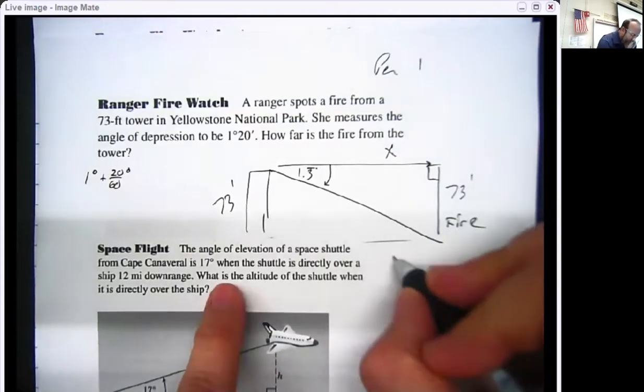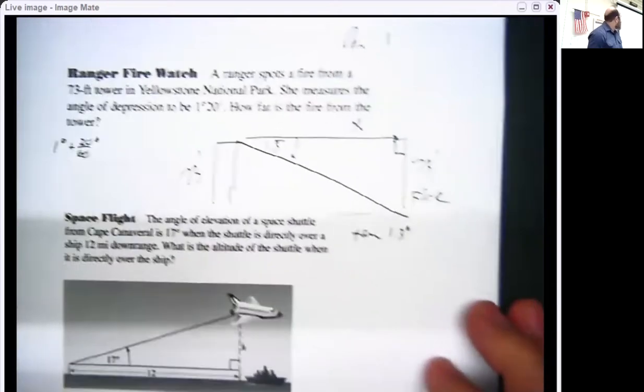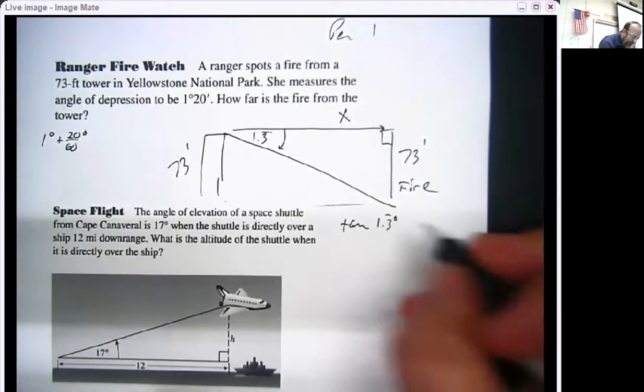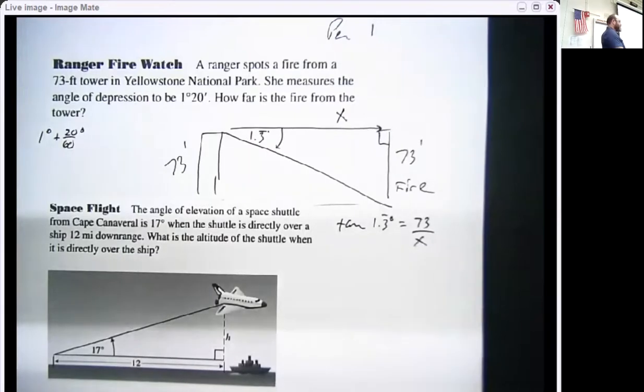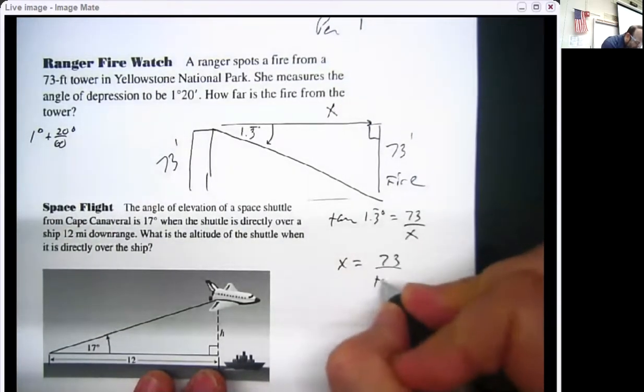So we can come in here and say that the tangent of 1.3 degrees, now keep in mind on my calculator I'm not rounding it to 1.3, I can put the line, is defined as opposite over adjacent, right? And so we can either cross multiply and divide or set up whatever we want. That's a fairly simple idea.